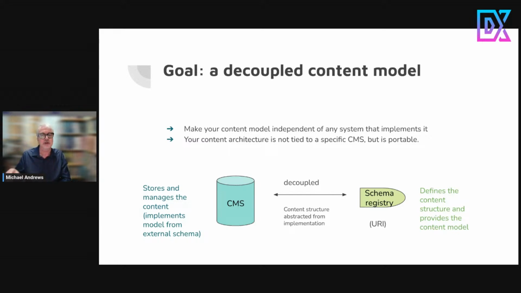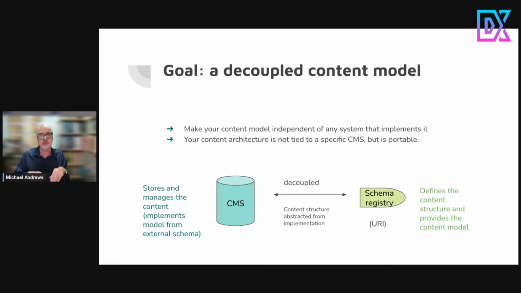And by decoupling our content model, we separate the content model from the CMS. The CMS implements the content model, but it doesn't define the content model. So the content model becomes independent. Our content architecture is not defined by a single CMS. It exists separately from it. And we are abstracting the definition of the content from its implementation in a CMS.